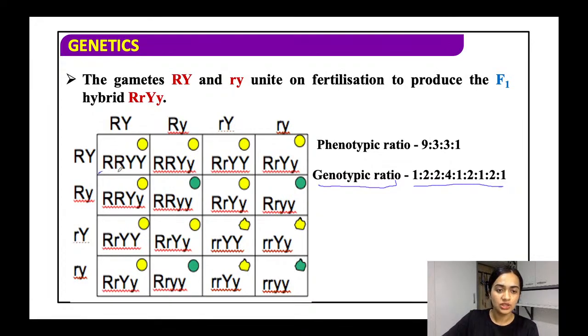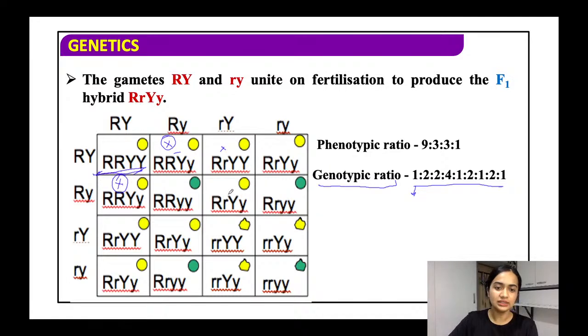So here what I see is capital R, 2 capital R, and 2 capital Y. So this is the only type of the dominant one I have, so it is 1. Similarly, we have 2R and 1 capital Y, 1 small y. Now this has one smaller, so this and this will make it different again. So what is similar to this is this and this. So we have only 2 in number.